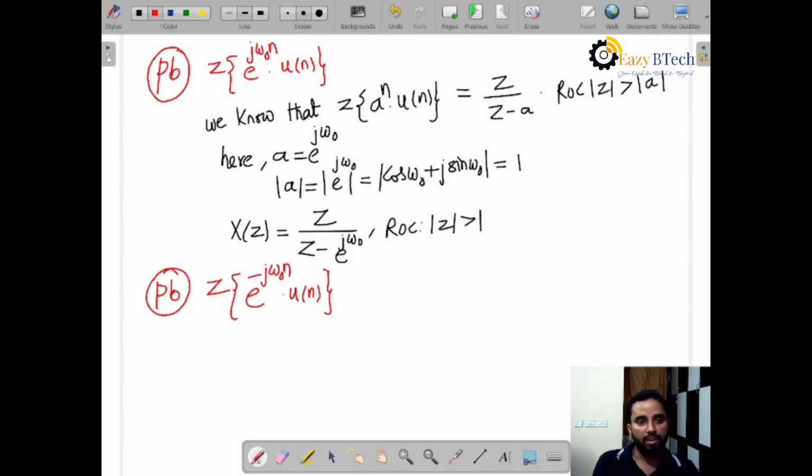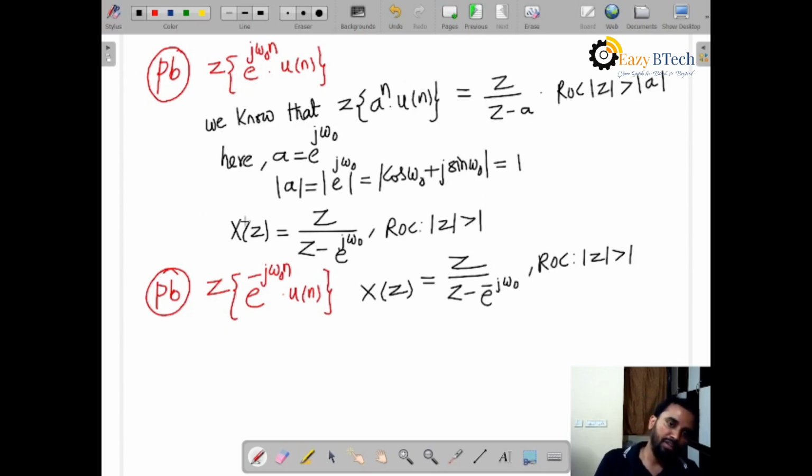In the same way as the above problem, its answer will be X of z is equal to z by z minus a, so here a is e power minus j omega naught. That's all. And what about ROC here? ROC is magnitude of z is greater than 1. So after knowing e power j omega naught n u of n and e power minus j omega naught n u of n, we can do sine and cos Z-transforms.